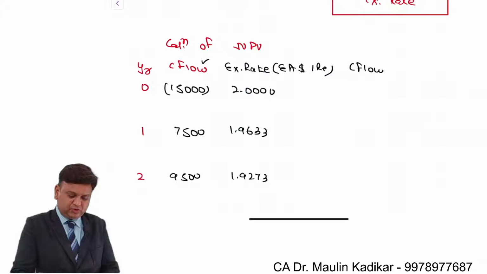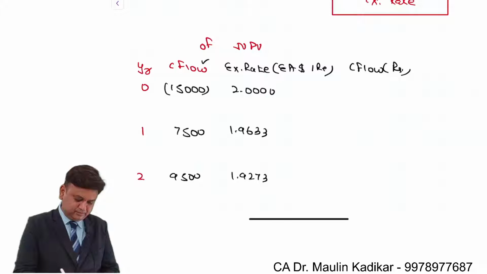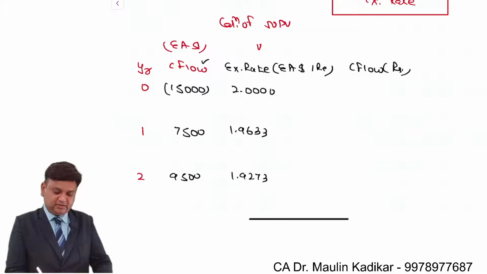So we'll get the cash flow in rupee terms. This is in East African dollar terms. Calculation of NPV is ready.